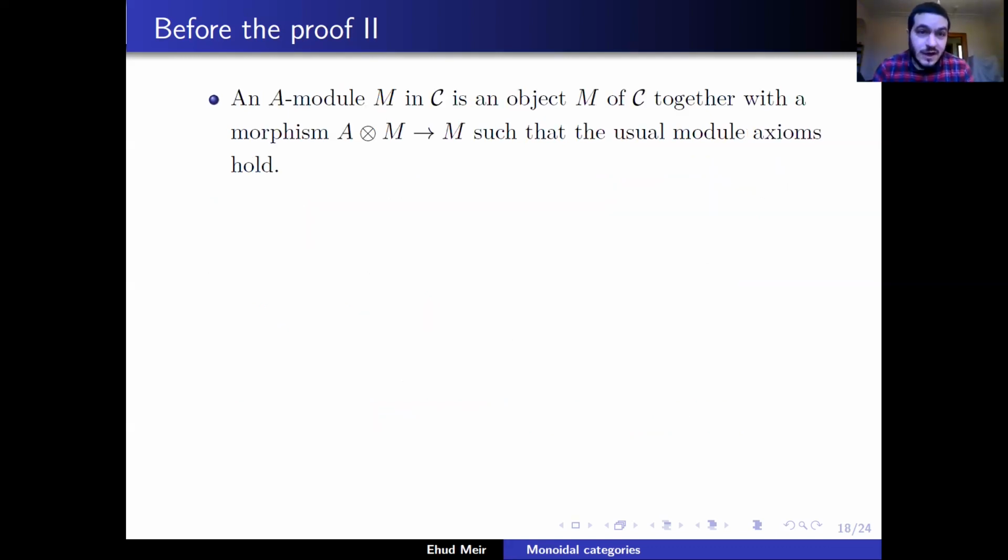Now we can also talk similarly about modules, A-modules inside C. An A-module M in C is an object of C together with a morphism from A tensor M to M, such that the usual module axioms hold, again this kind of associativity and so on.